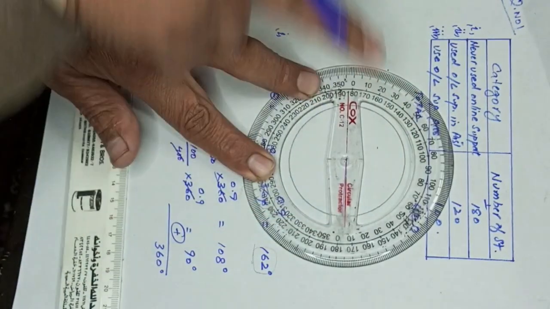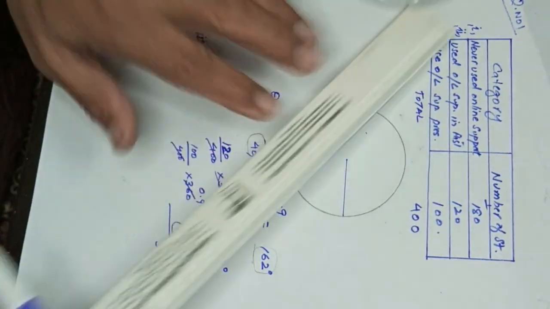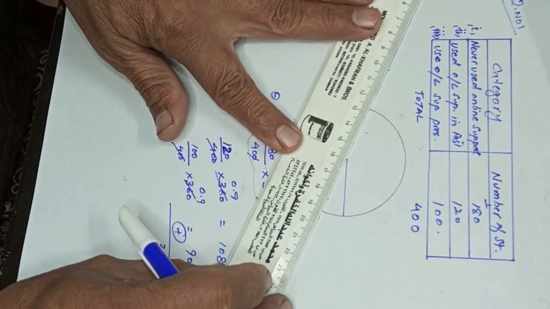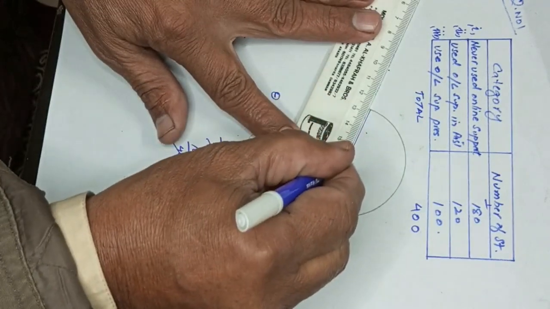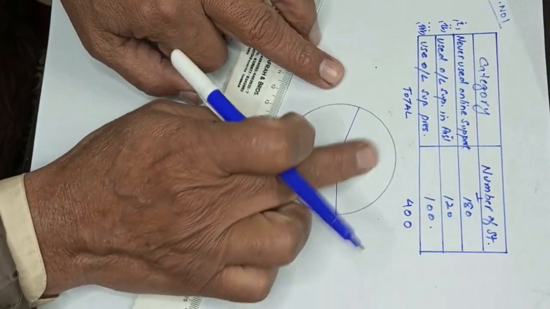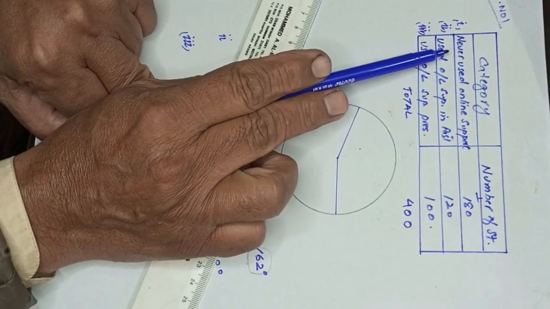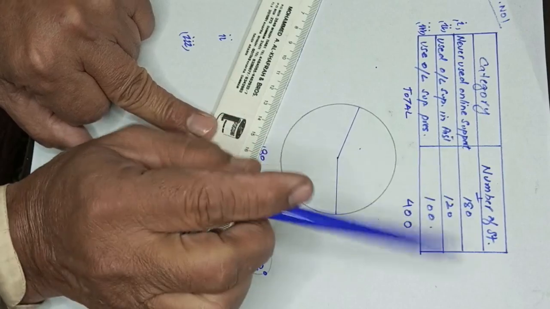So we'll mark a point over here, 162, and then we will join this mark to the circle's edge. Now this sector is the category for which the students never used online sport, and this is 180.